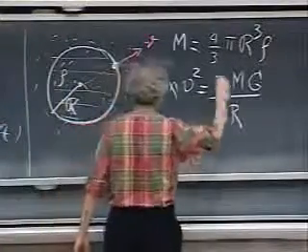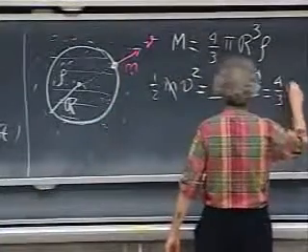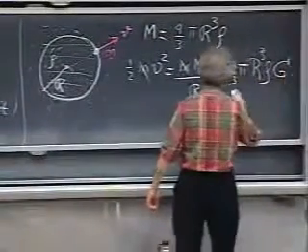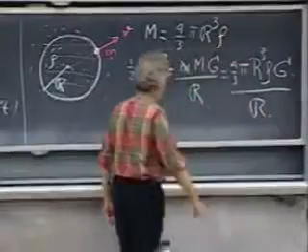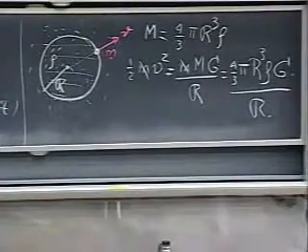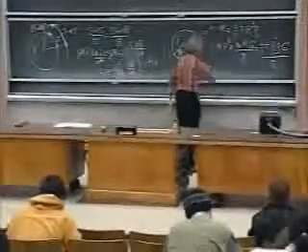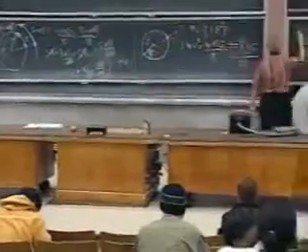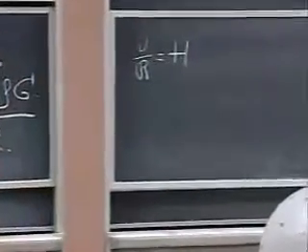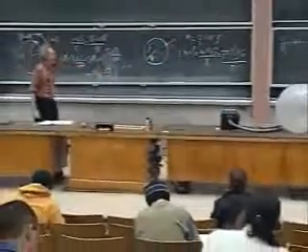Little m cancels out. Well, capital M, I can write 4/3 pi r cubed rho. Here comes my G, and here comes r. Notice that the r cubed upstairs becomes r squared. And so if I have an r squared here and a v squared here, remember that v divided by r, that is Hubble's constant, because r is d, the distance between us and the galaxy.